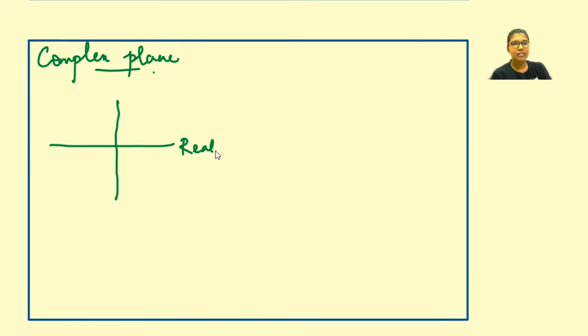The x-axis is represented by the real axis, whereas the y-axis is represented by the imaginary axis. I hope you are all clear with this thing.